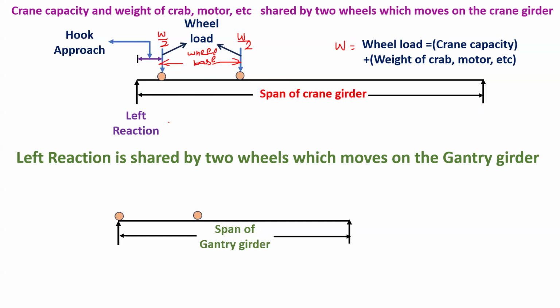So now we are with this left reaction, and from it we are going to get the values of these. I will say this reaction is equal to R. And now we have these loads on the gantry girder by these wheels, and these values are R by 2, where R is the left reaction which we have calculated from the wheel loads.